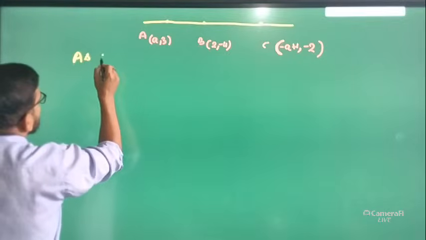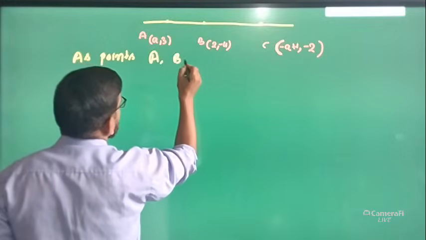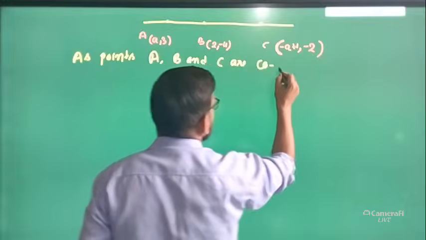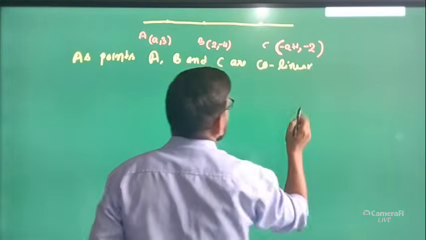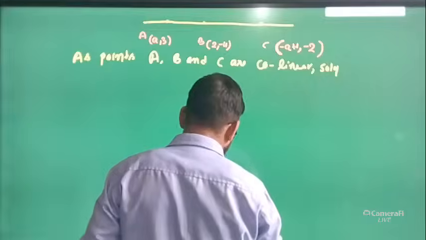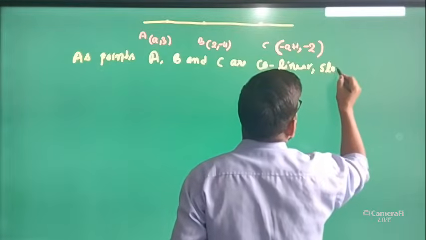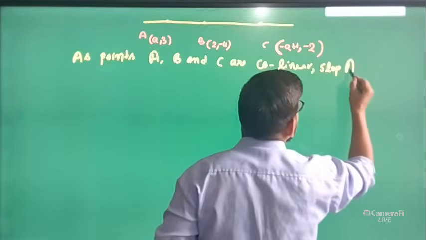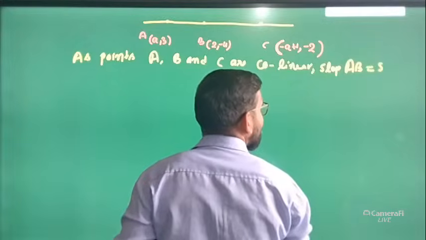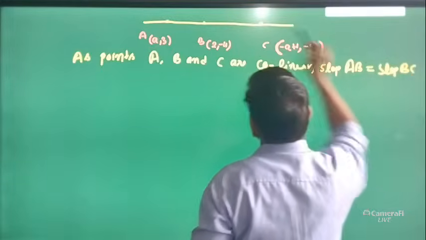As points A, B and C are collinear, slope of AB is equal to slope of BC, or you can say slope of AC also.